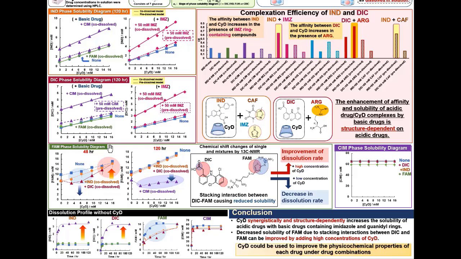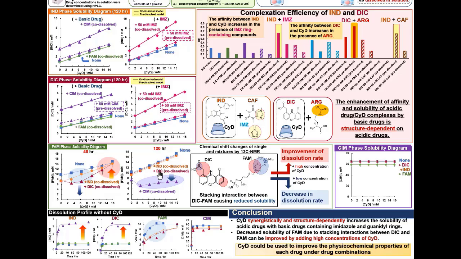These are the results of the phase solubility diagram of famotidine. The solubility of famotidine at low concentration of CYD at 48 hours of shaking was significantly decreased in the presence of diclofenac and indomethacin, while at high concentration of CYD, the decrease in the solubility due to diclofenac and indomethacin was improved.